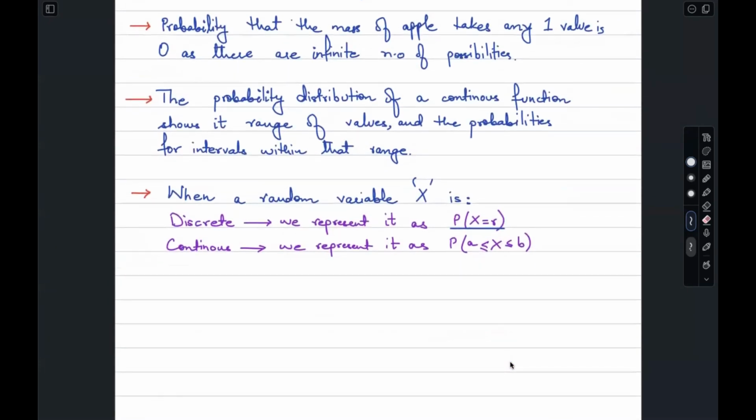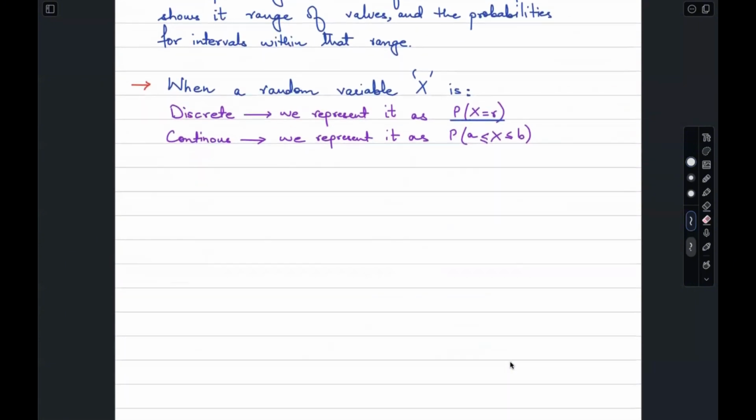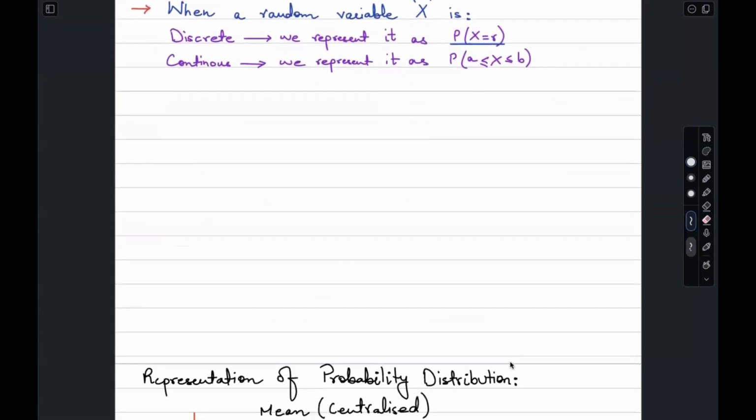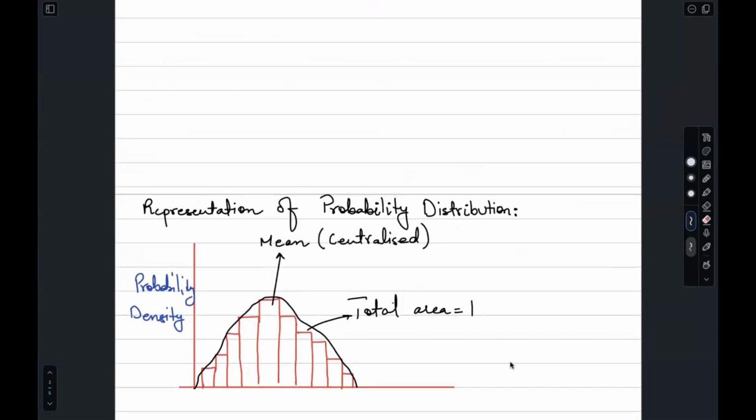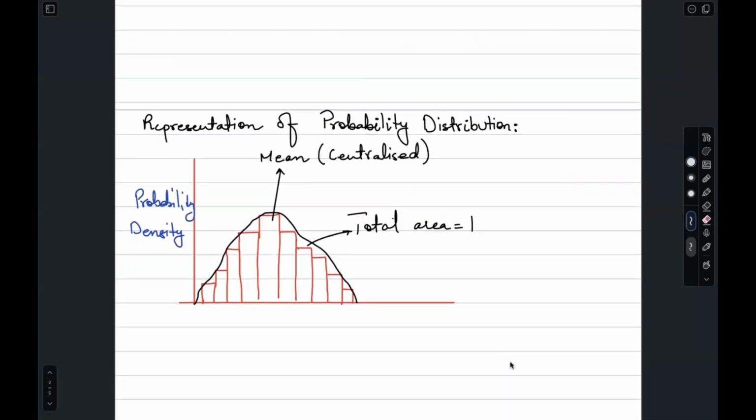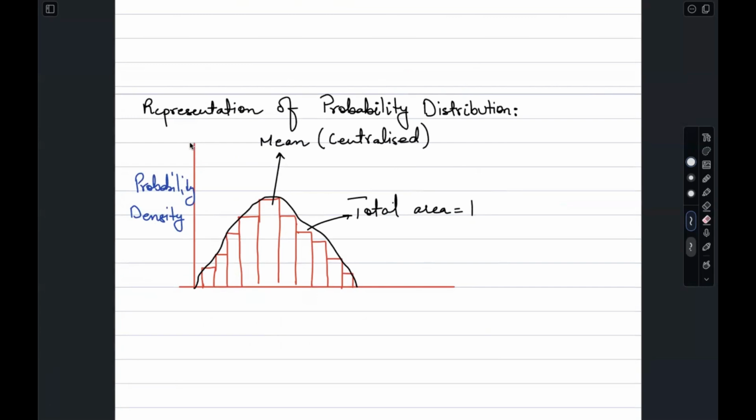Now, if we draw a graph of a variable which is continuous, and we make a histogram with the probability density on the y-axis, it will be such that the mean will be centralized, and as we move away from the mean, the probabilities of each of those values will start to decrease.